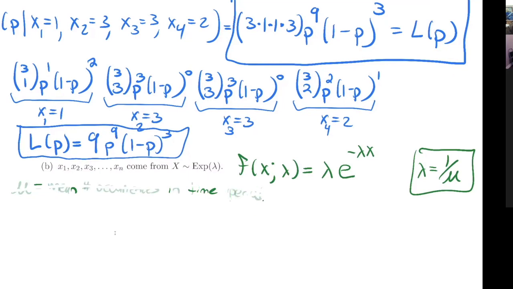Okay, anyway. So sorry, I had that wrong. What I meant to say is this is continuous. What mu is measuring is the mean time between occurrences. So lambda is 1 over that.